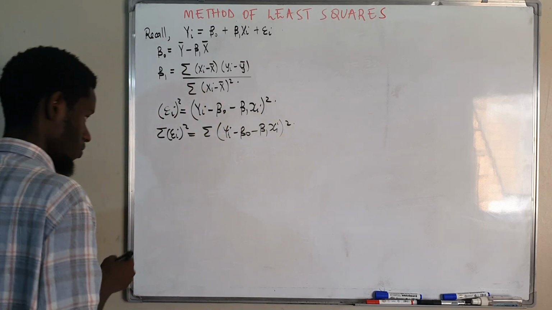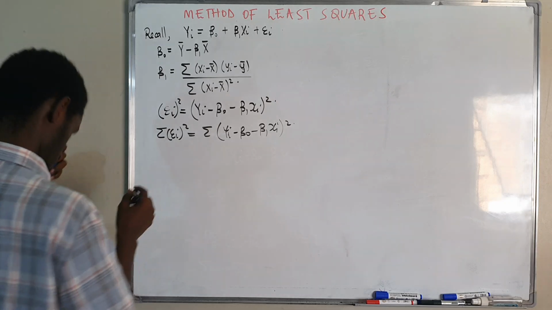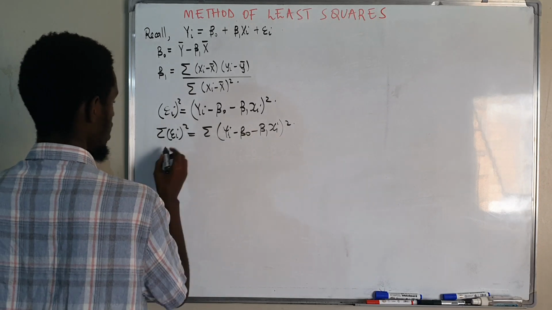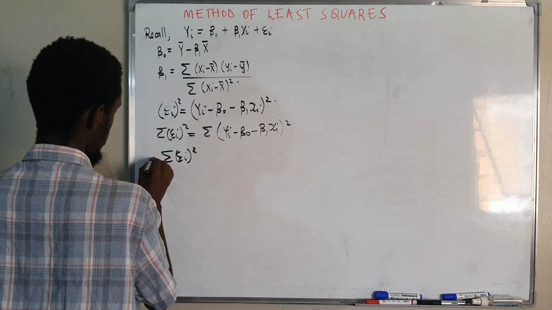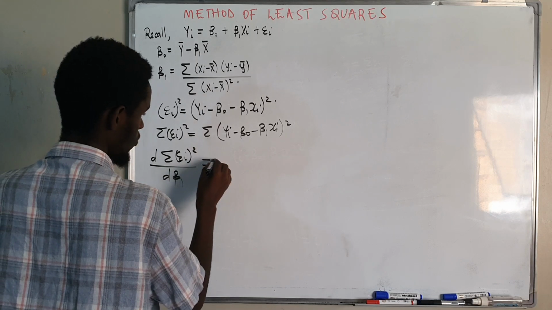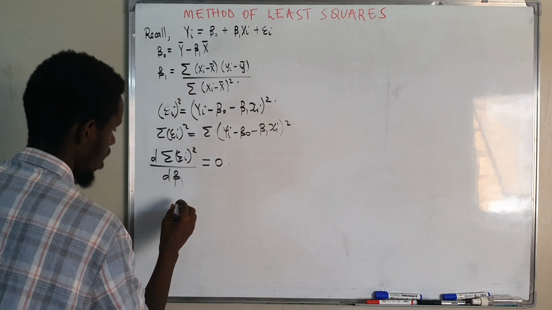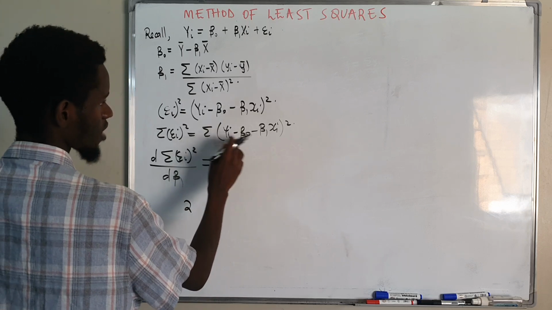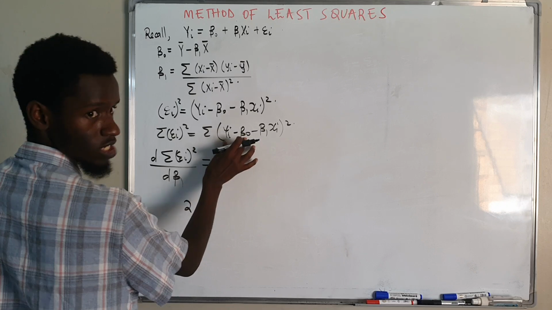Everything is squared. Now I want to differentiate with respect to b1, because I want to get b1. I'm differentiating the error term squared with respect to b1, and I equate it to 0. I drop the power, so I have 2. I differentiate the bracket: yi and b naught become 0 because they're constants.